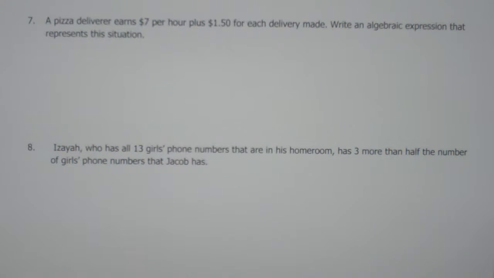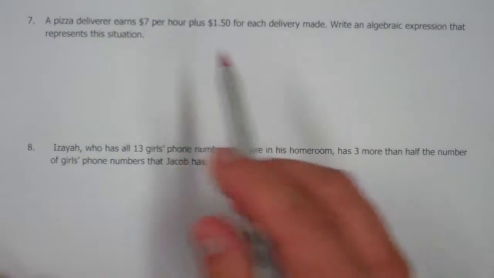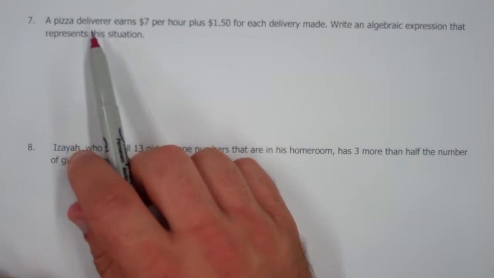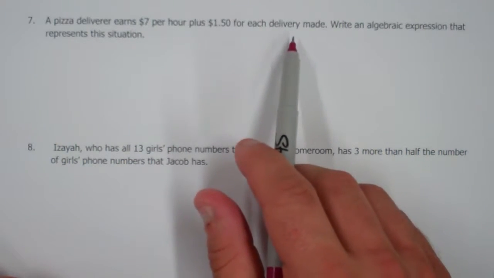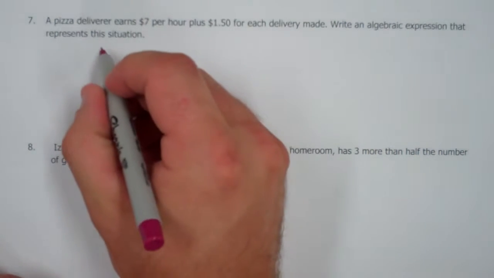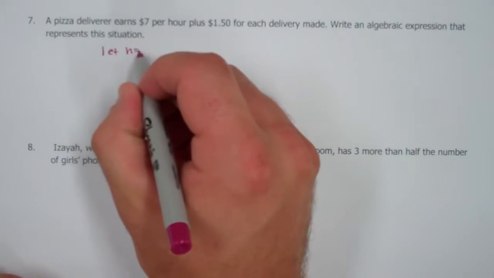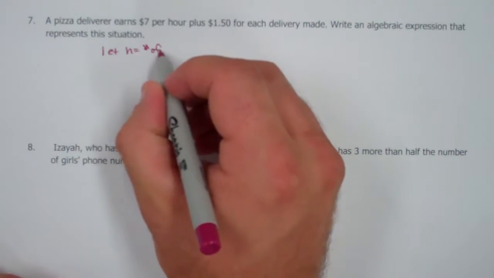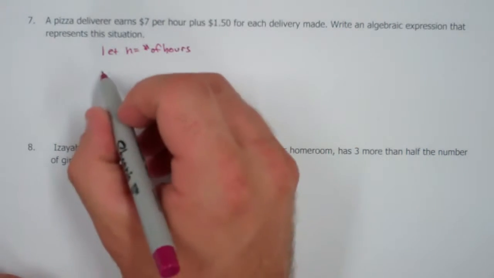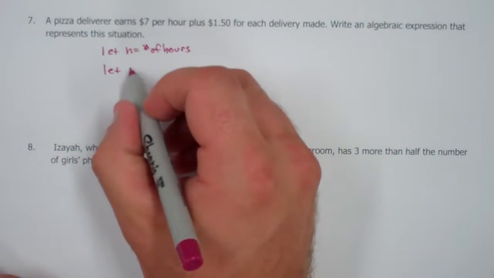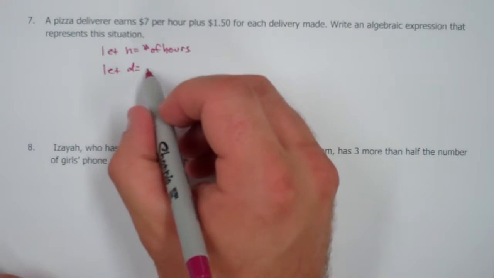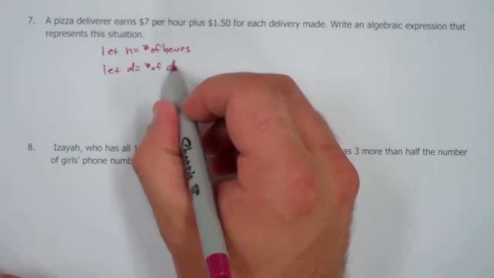It seems like it might be only per hour or just 1 hour, but what I'm going to do here is introduce 2 variables because we don't know how many hours this pizza delivery driver has been out on the road, and we also don't know how many deliveries that person has made. So let's let h equal the number of hours, or time in hours, and then let's let d equal the number of deliveries.